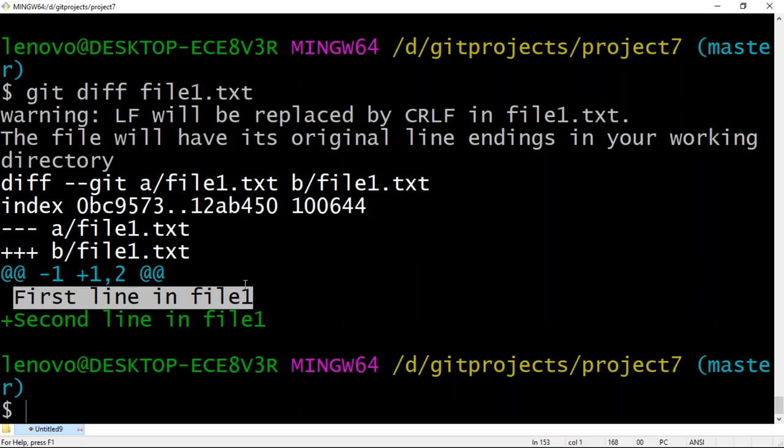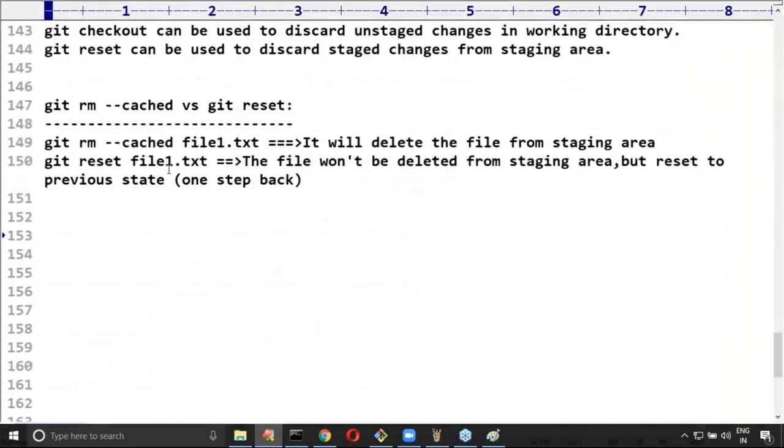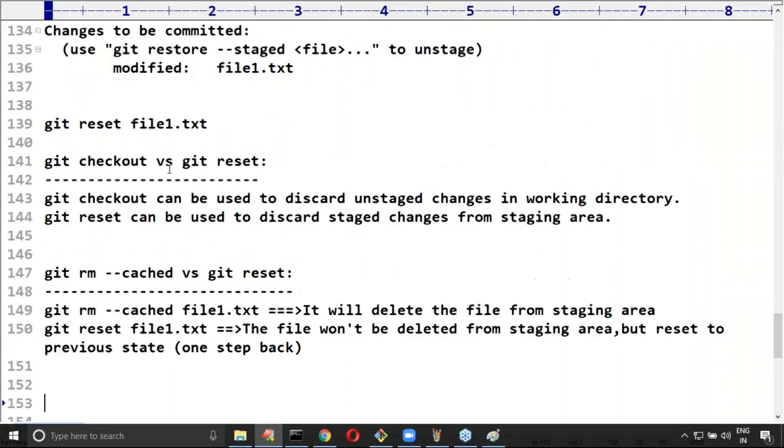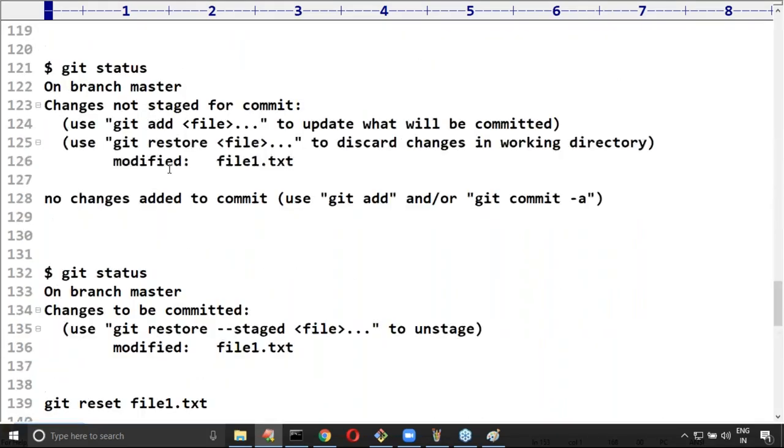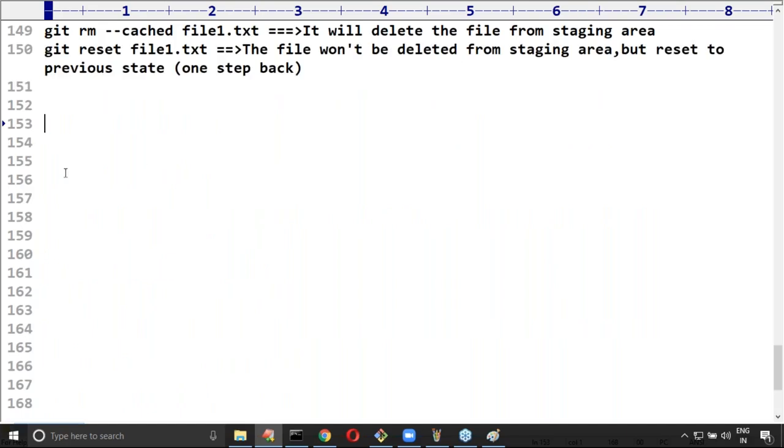It is the previous state, the previous commit. This is very important. The first utility of git reset is to discard changes you added to the staging area. If you want to do that, go for git reset.